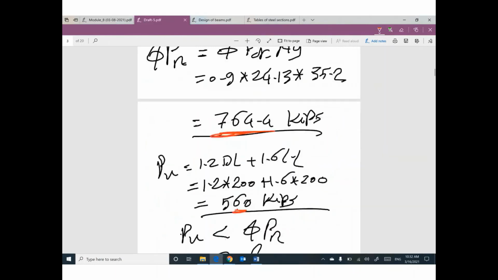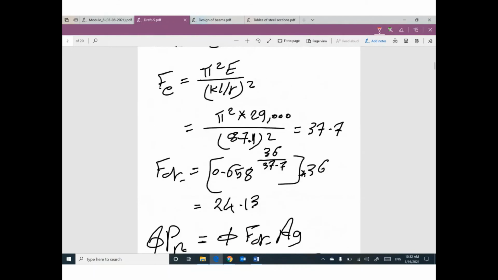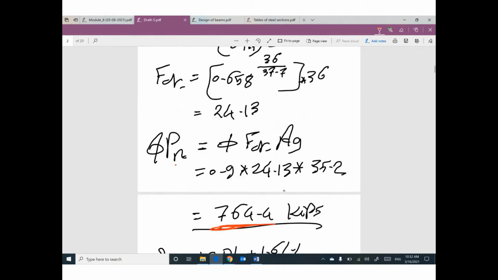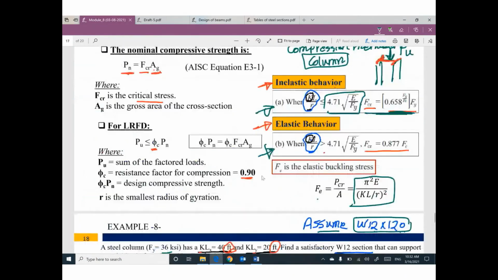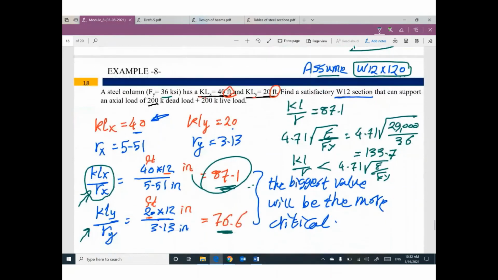Then we need to find phi Pn, which is the design compressive strength, equal phi F critical area gross, with F critical based on this situation or this situation, so you can decide. The final conclusion: P ultimate must be smaller than or equal to phi Pn. Then you can say this assumed cross section is safe or not.